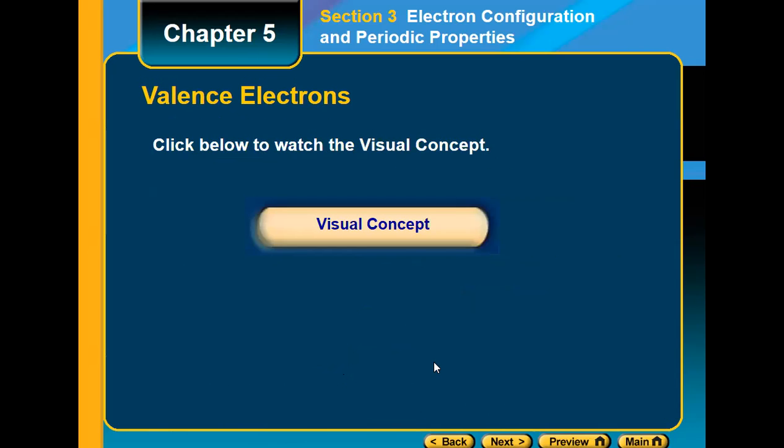Let's take an example just to clarify the idea here, guys. For example, sodium, Na 11: 1s2, 2s2, 2p6, 3s1. The outermost, or main, energy level is the third energy level, which contains just one electron.